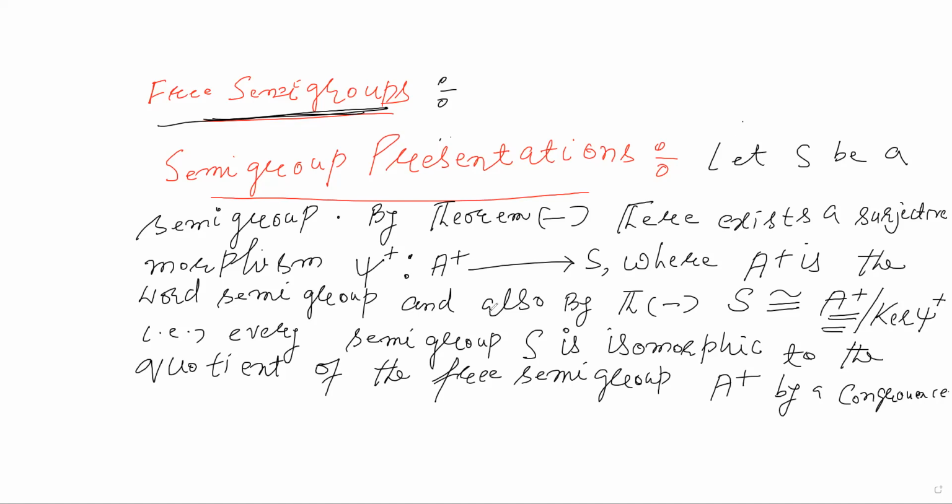Now, what do we do here in case of semigroup presentations? We just reverse the situation. So we start with an alphabet and we take the word semigroup A plus and take some congruence and take the quotient semigroup and see which semigroups are actually isomorphic to this.